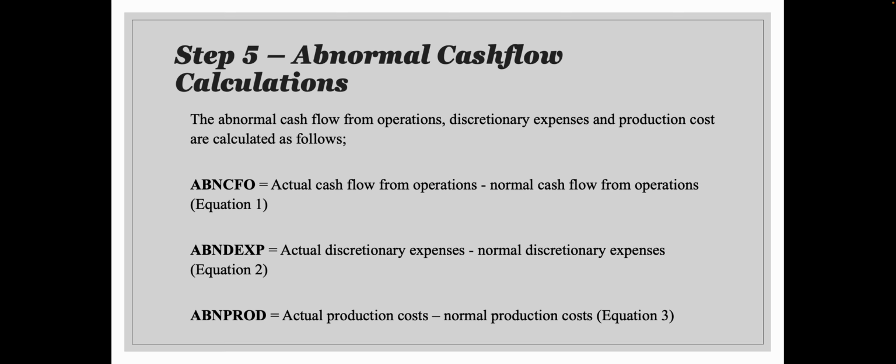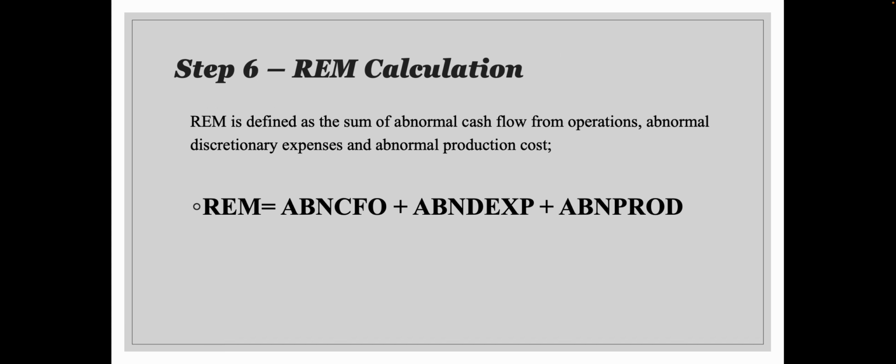Abnormal expenditure is discretionary expenses minus normal discretionary expenses from equation 2, and abnormal production expenses are actual production cost minus normal production cost, equation 3. Once you add all these three, abnormal cash flow, abnormal discretionary expenses, and abnormal production cost, you will have the final figure, real earnings management.